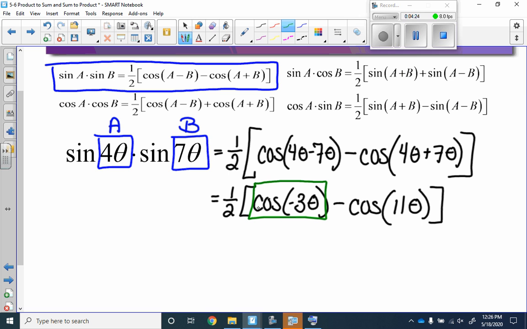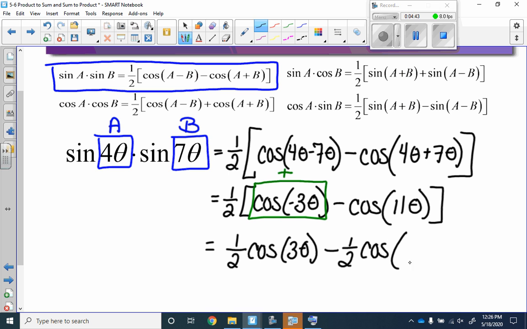Remember that when you take the cosine of a negative value, it ends up being positive. So as I distribute my 1/2 here, I can rewrite this as 1/2 cosine of 3 theta minus 1/2 cosine of 11 theta. We can use those odd and even identities here, which makes it nice because you don't have to worry about the negatives inside.